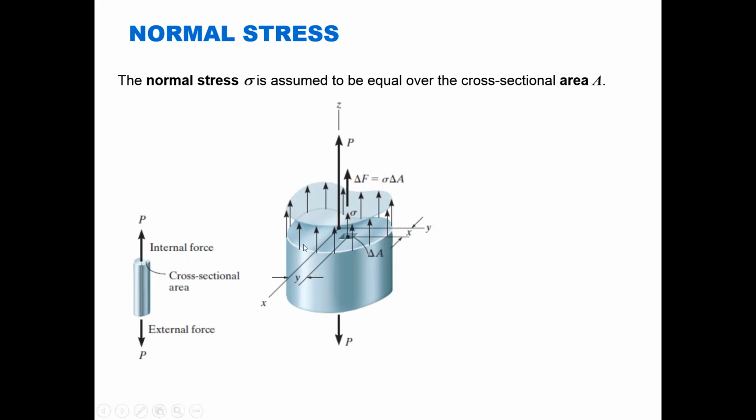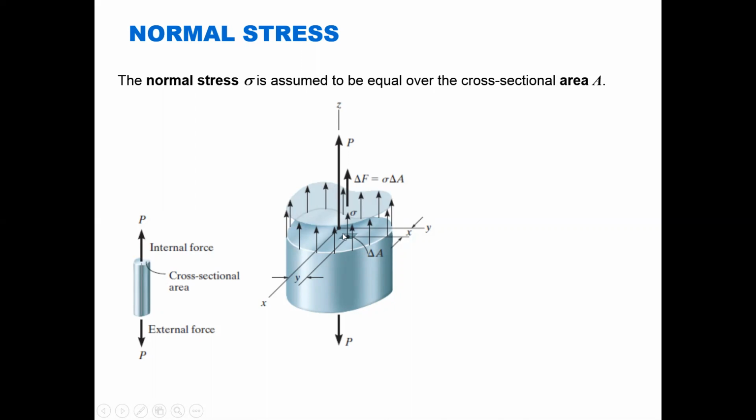This picture is just a blow up of this area, and what we have here is a picture of what are called uniform normal stresses. This is the assumption that's made: as we pull on this member, there are internal normal stresses that develop, and they're all the same magnitude, so that's why we say it's uniform.